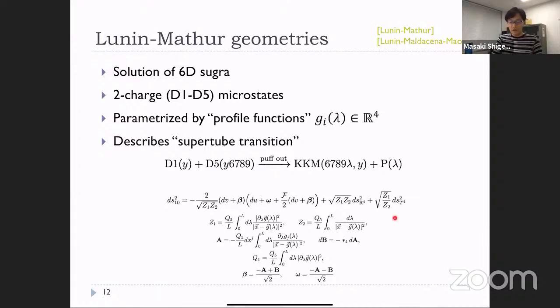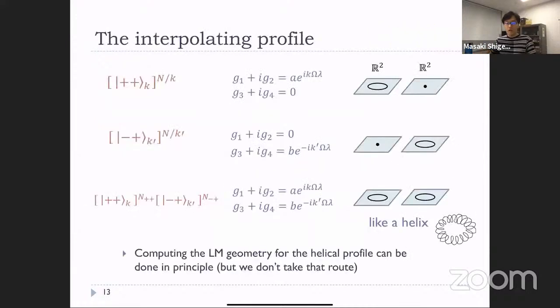And here is the metric, but well, it doesn't matter. And so what we are doing when we interpolate these two states is the following. If you have this plus guy, of length k, this means that I have split R4 into two R2s, and this is saying that in the first plane you are going around a circle of radius a, k times, but in the second R2 you are at the center.